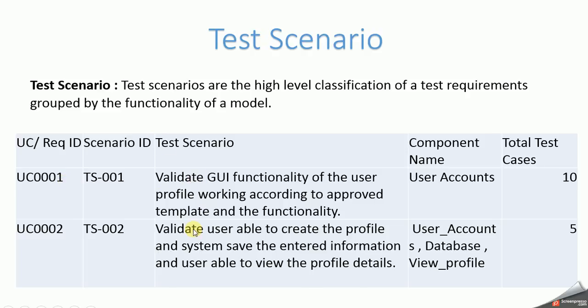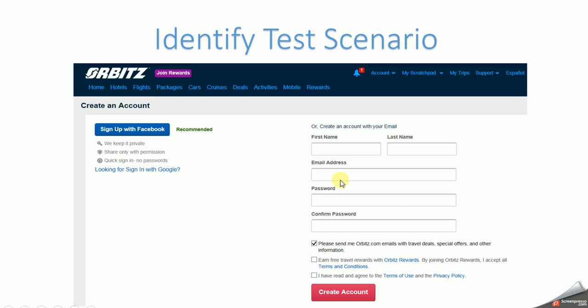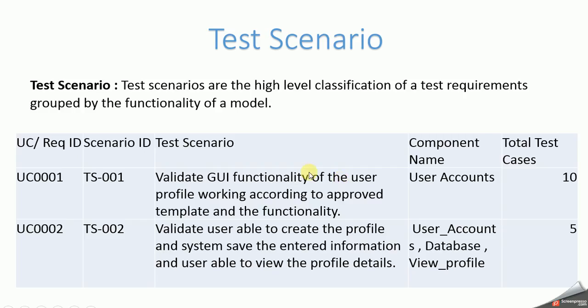Just considering the requirement, here the requirement is to validate GUI functionality of the user profile working according to the approved template and functionality, and then validate the user is able to create a profile and the system saves the entered information and the user is able to view the profile detail.